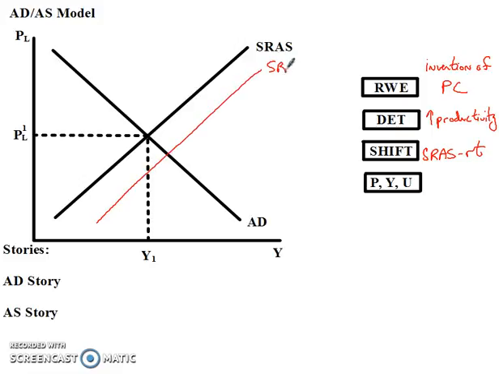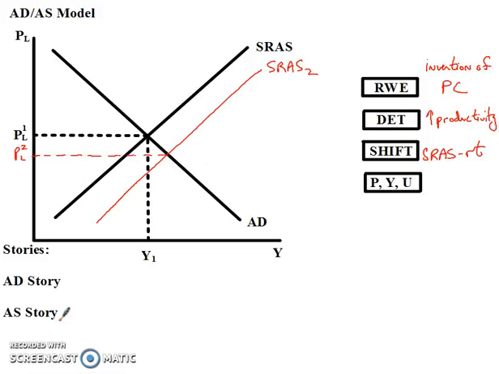So the short-run aggregate supply curve shifts out to the right, and if we produce more stuff and have more goods and services, then that's just like any regular old supply curve. If you increase the supply of goods and services, then the price of those goods and services is naturally going to get bid down.